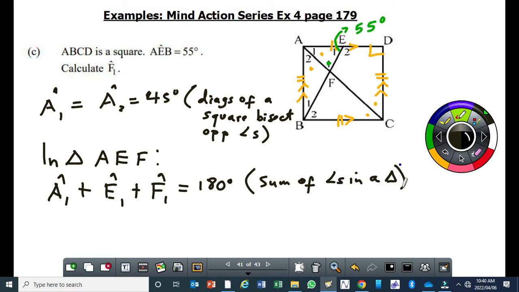Right? So what is A1? Now A1 is 45 degrees, and then E1 is equal to AEB, which is 55 degrees. And we want to calculate F1.